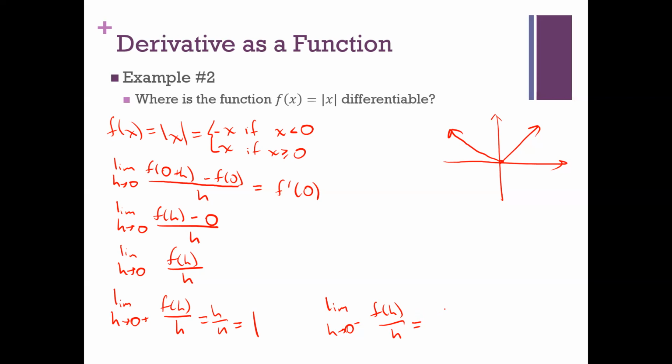The input itself will be negative, which means the output is going to be defined by that top branch. So in this case, I have this limit is negative h over h, which is negative 1.